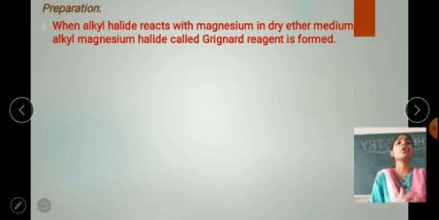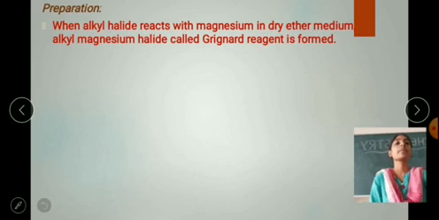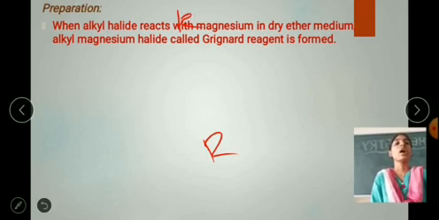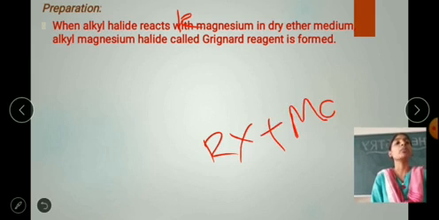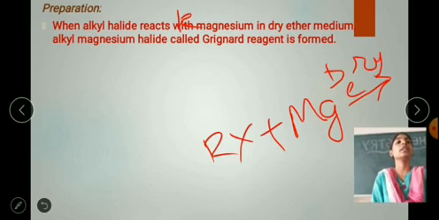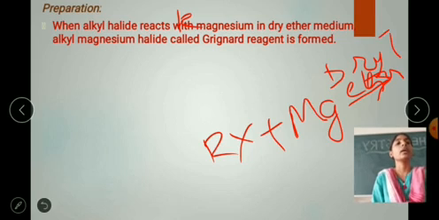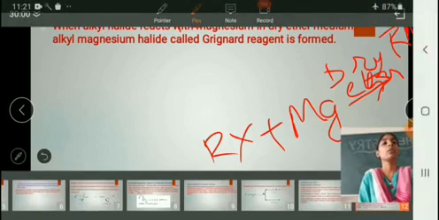So how are we going to prepare this Grignard reagent? When alkyl halide, that is RX, reacts with magnesium in the presence of dry ether, in dry ether medium, alkyl magnesium halide, RMgX, is formed.